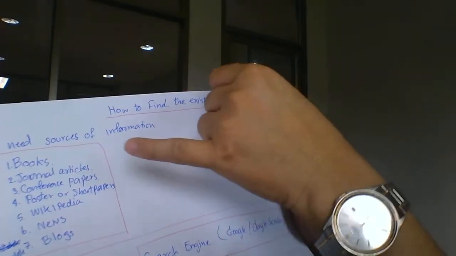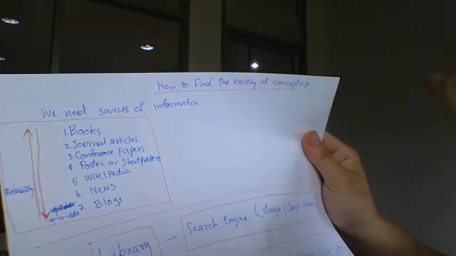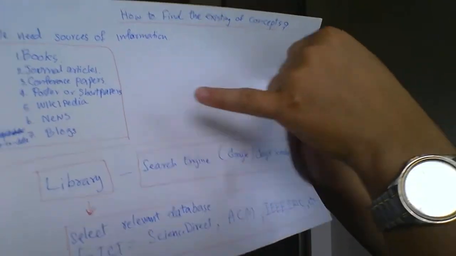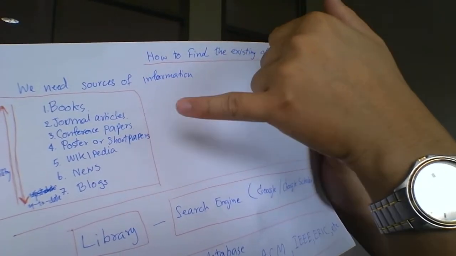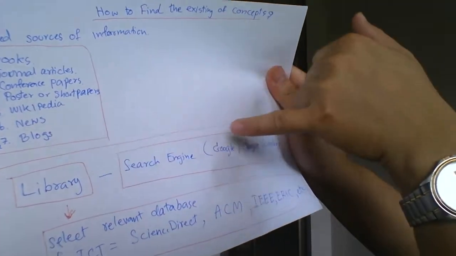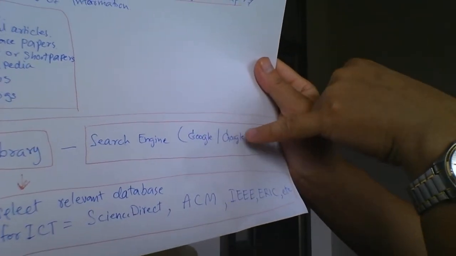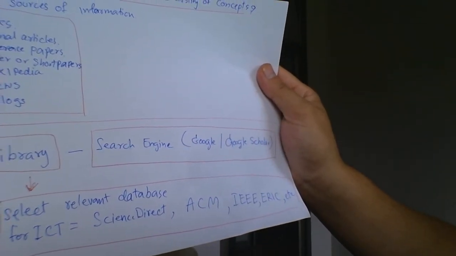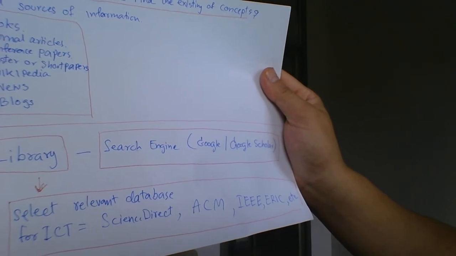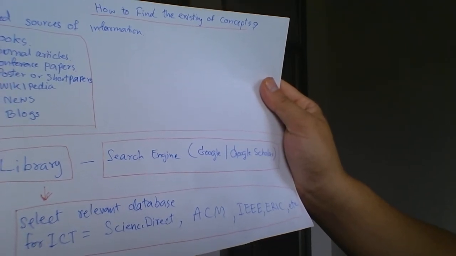So now we know what media there are for information. Where to find these media is from the library or from a search engine like Google, and Google also has Google Scholar, which is a search engine especially for academic work.